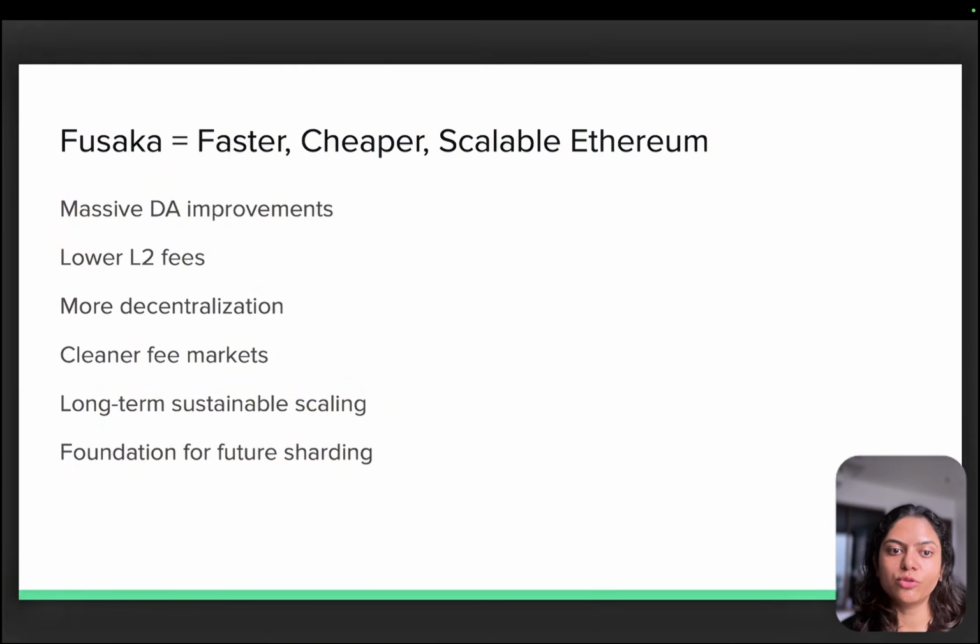Now we have long-term sustainable scaling because we have data availability. It's a foundation for future sharding, a scalable foundation for the next decades. Fusaka is not the end, it's a bridge to the real sharding era. It's a new bridge in Ethereum to the real sharding era.